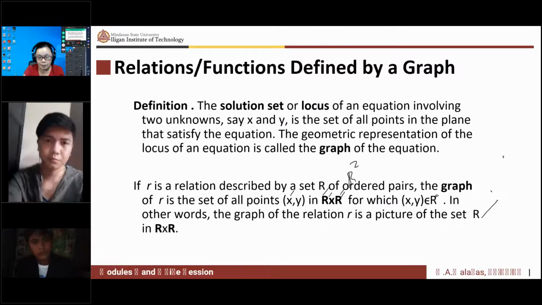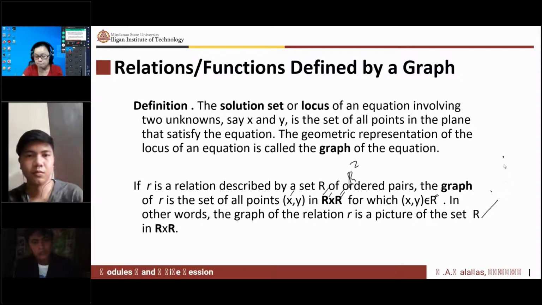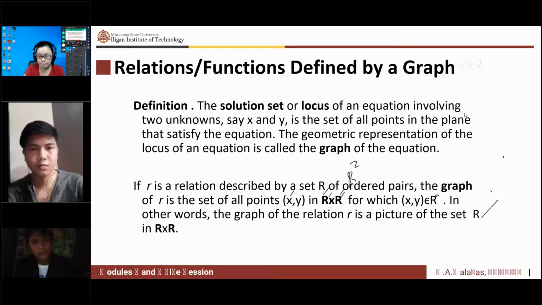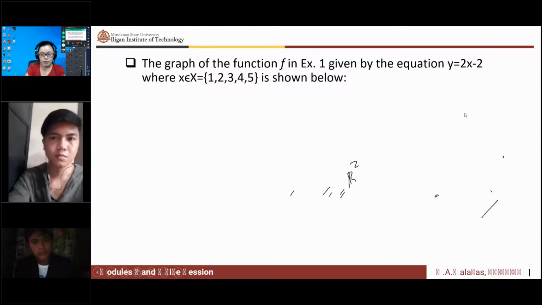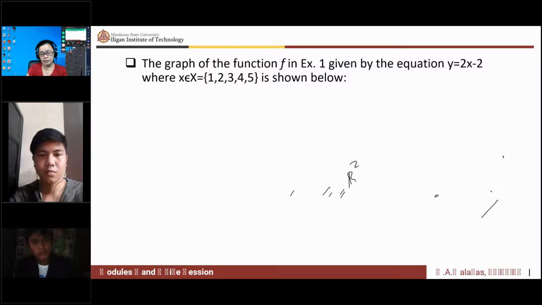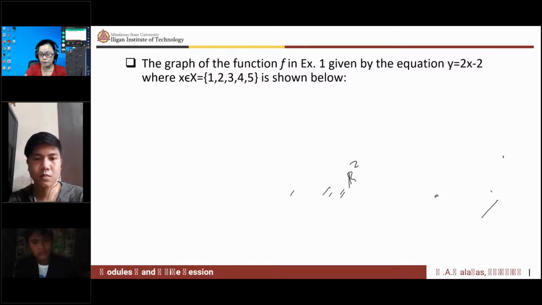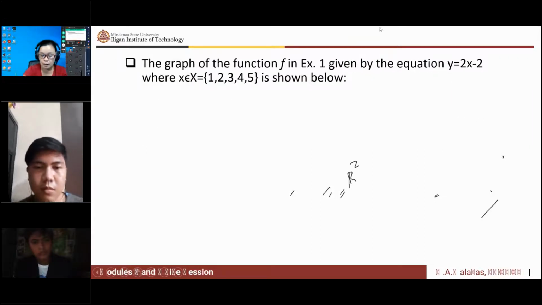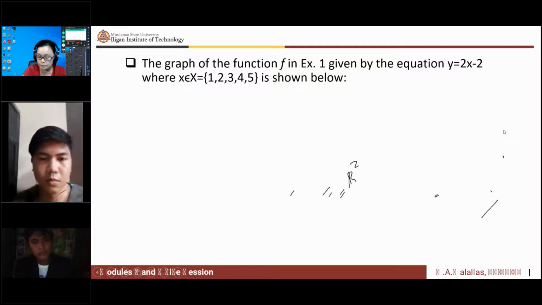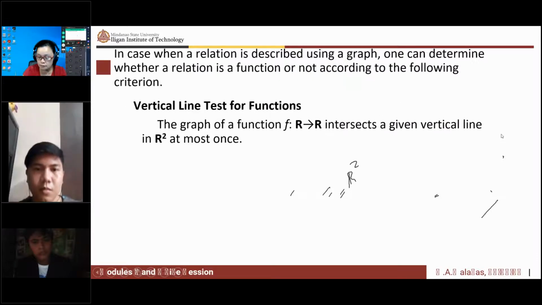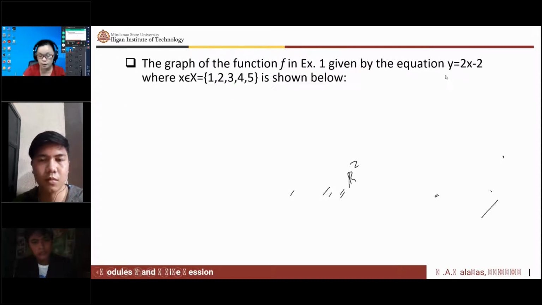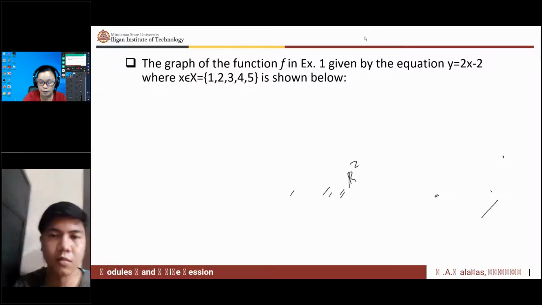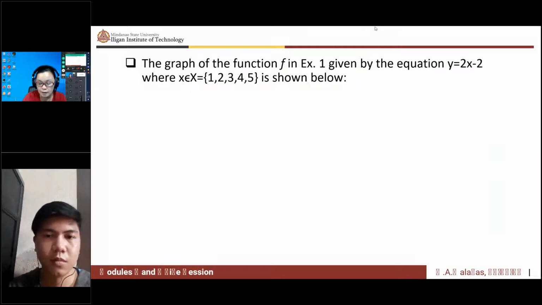Okay, and then we look at our example earlier, example 1. I'm sorry, I need to go to erase and then go to pen.